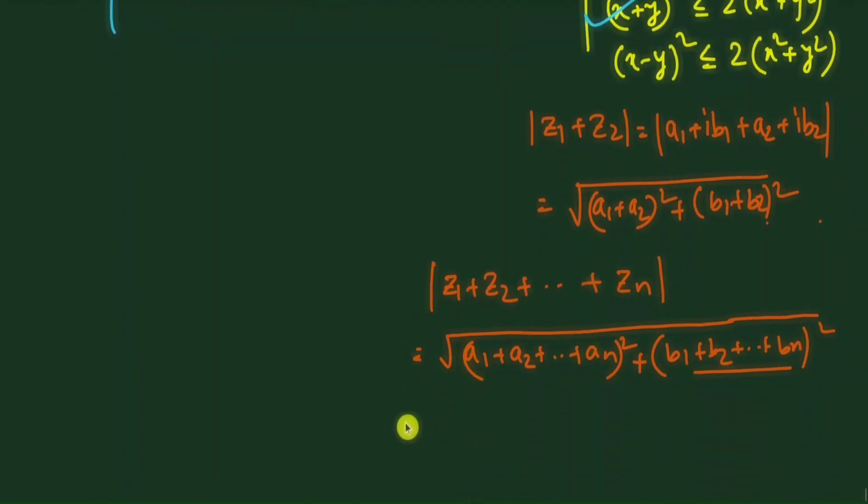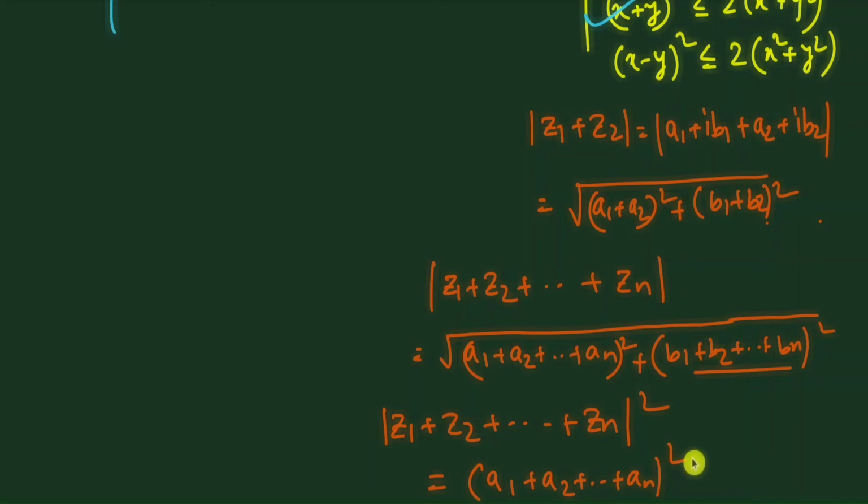If we take the square on both sides, then mod of z1 plus z2 plus zn whole square equals a1 plus a2 plus an whole square plus b1 plus b2 plus bn whole square.